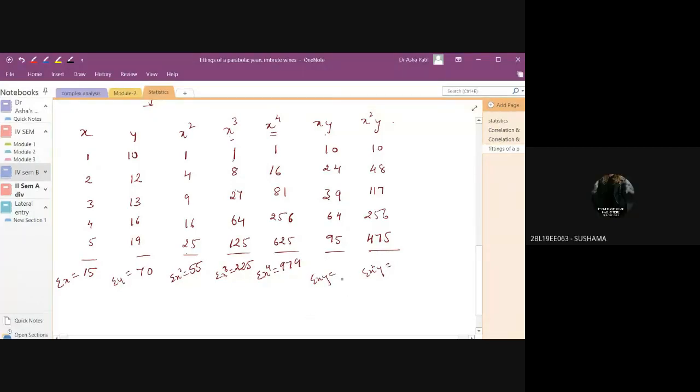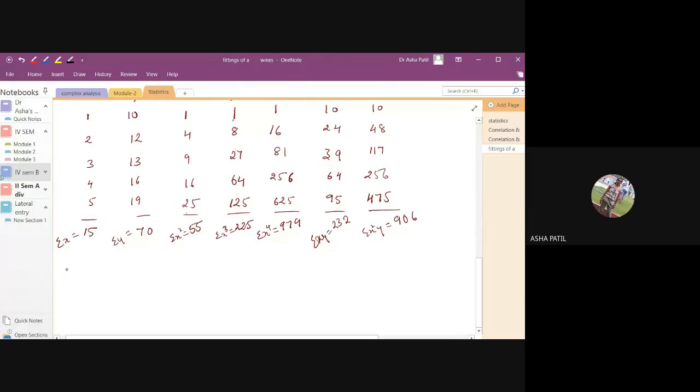Next one, summation xy, 232. Last one, summation x square y, 906, ma'am. Okay.